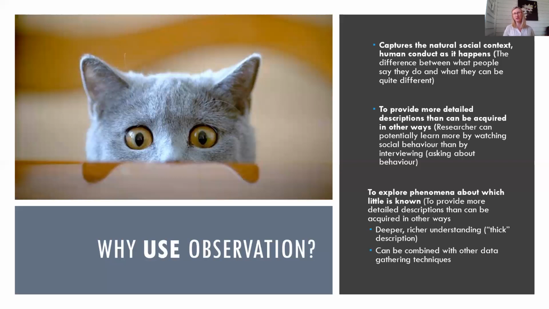It wasn't being used for a jury, but I observed what went on in court. I got the feel. I knew what the court processes were. I saw how people interacted with each other. And that really helped to build a story of how this court operates. Now, of course, observation can be combined with other techniques, and we can call that mixed methodology.